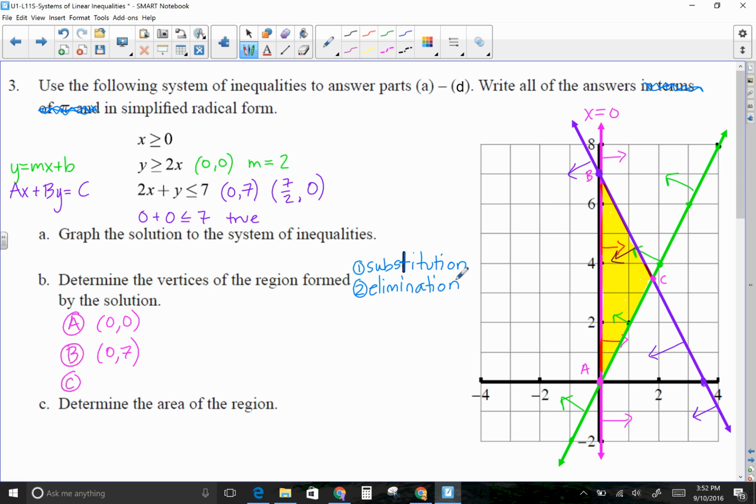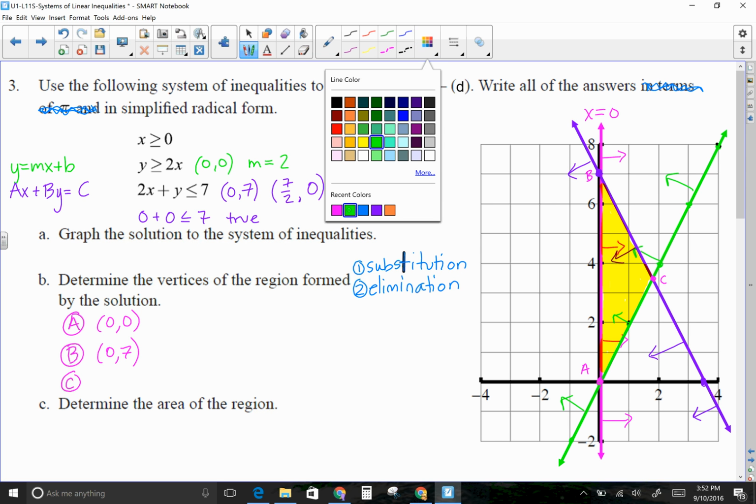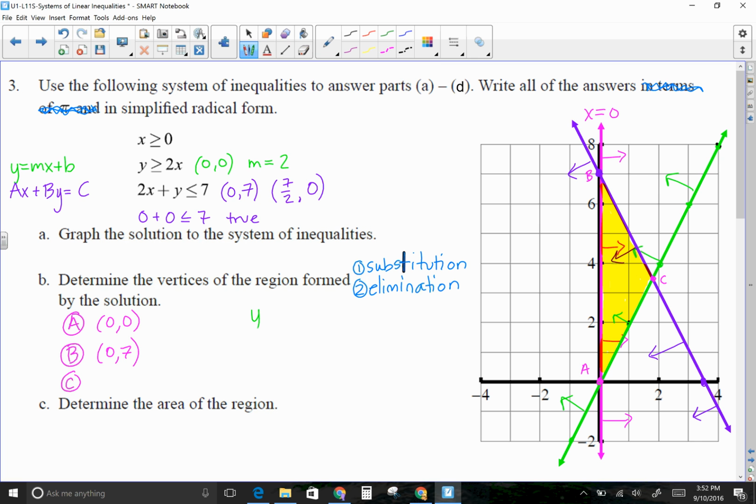So what are the two things that we're solving? We have y equals 2x, and we have 2x plus y equals 7. Those are the two lines.